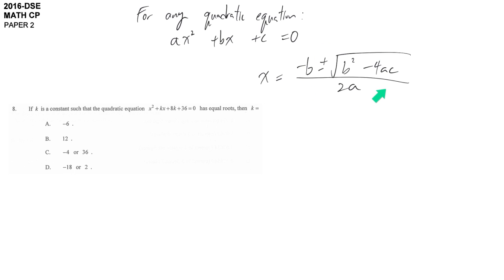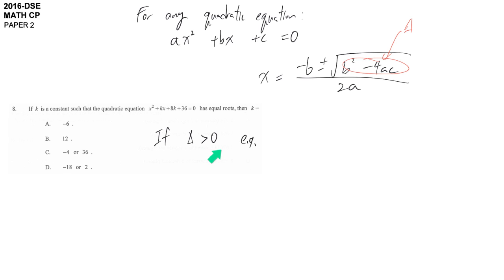Whether this result is a real number or a non-real number is based on the part inside the square root. So that's why we give a name for this part. It's called delta, and we consider it an indicator to show whether there are real roots or not.